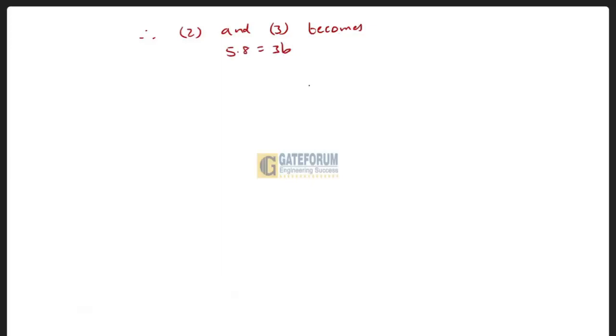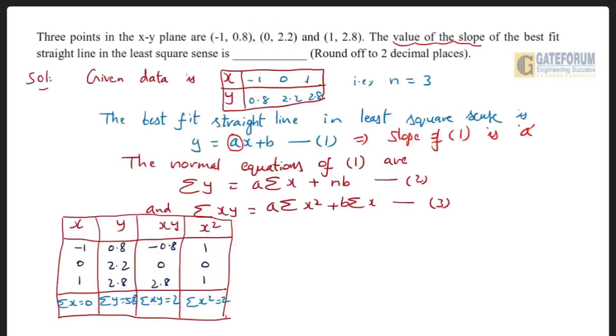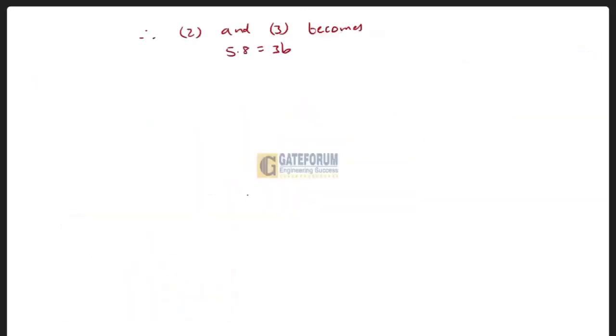Here n value is 3, a value we don't know, sigma x value is 0, and sigma y value is 5.8. So from this first equation we'll be getting b, which implies b is approximately 1.93.